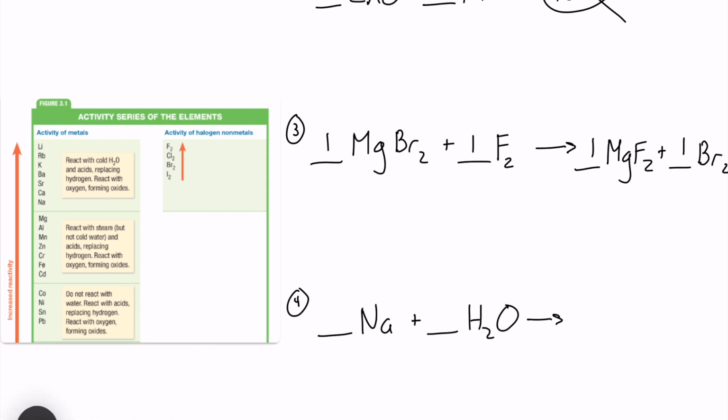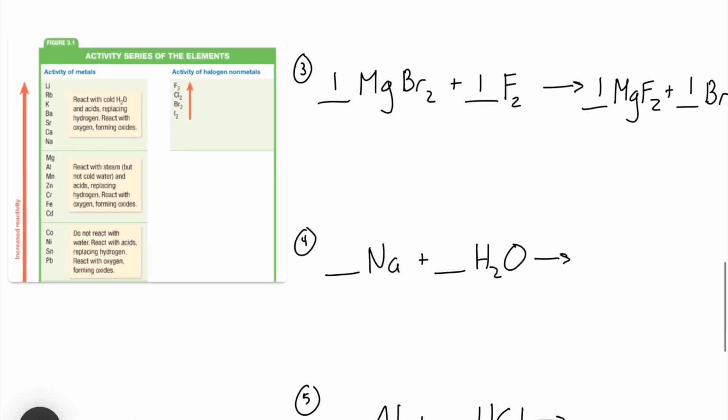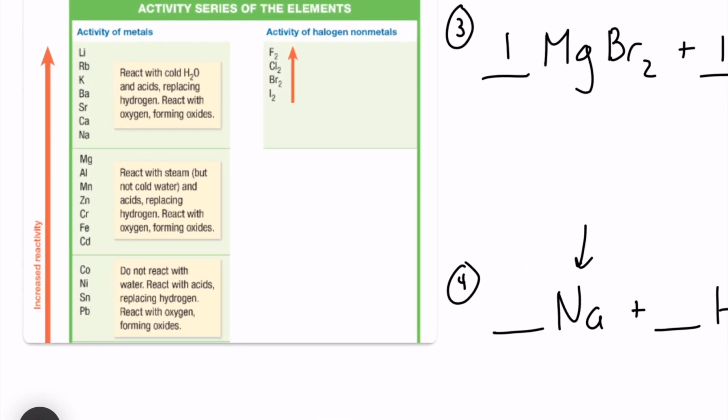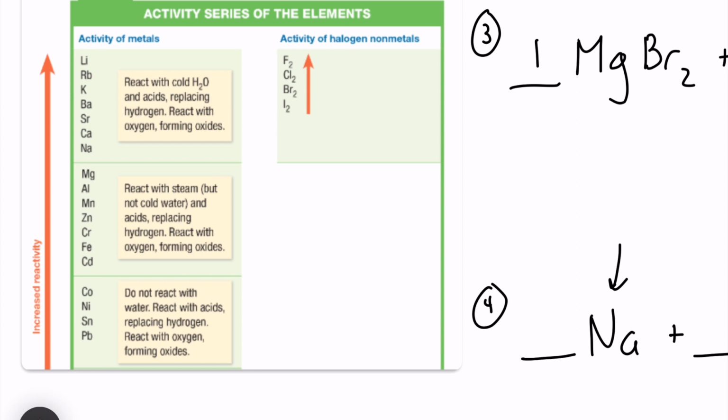So how does this work? Since we have a metal as our lone element, but we do not have any metals in our compound. So if we take a closer look at our activity series here, we see sodium is in this little section of our activity series.